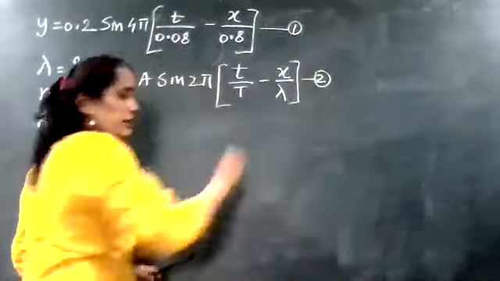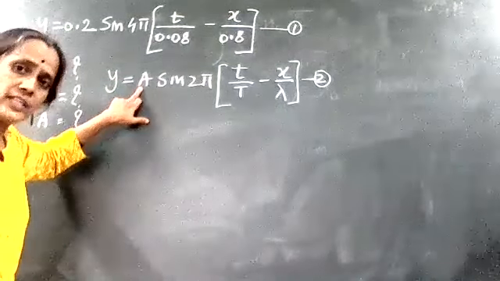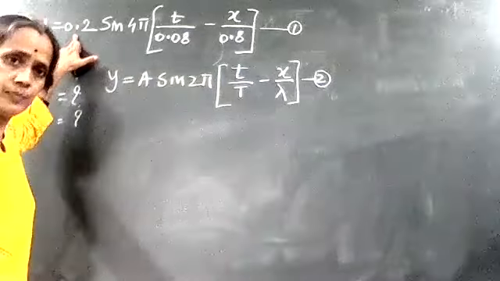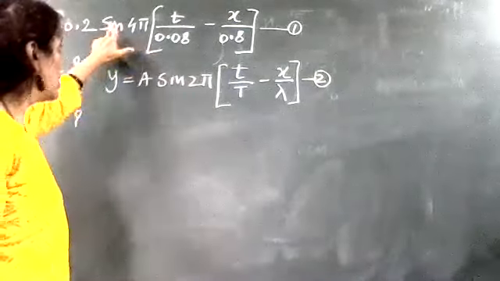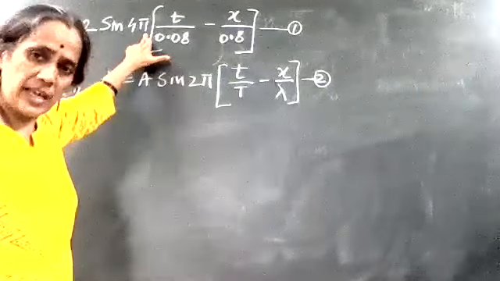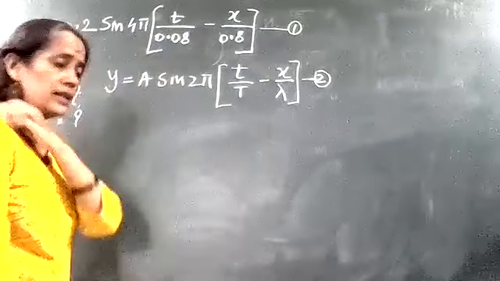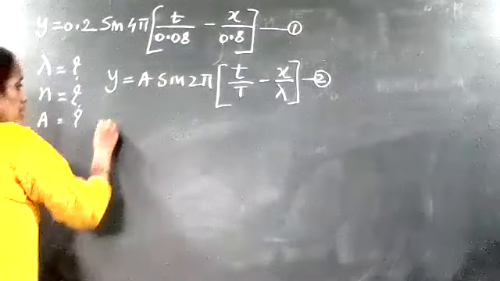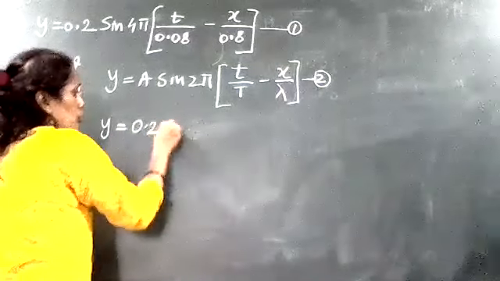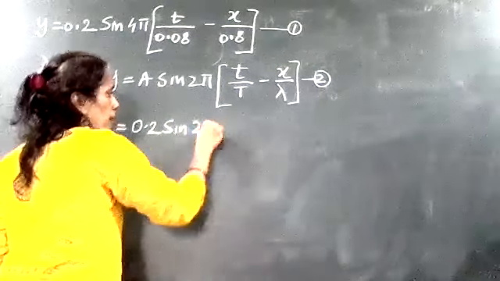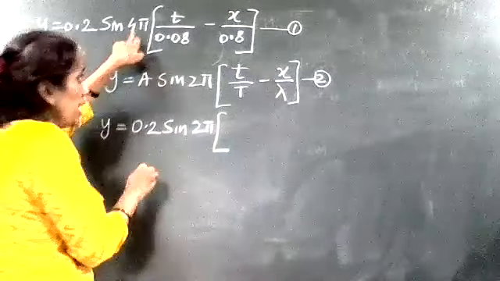Equation number 1 and equation number 2. If I compare, see here. In the standard form, y is equal to a, and here it is 0.2. Then here is sine of 2 pi, but in the given equation it is sine of 4 pi. This 4 pi I have to make 2 pi. Clear? So how can I make it? See here. In equation 1, y is equal to 0.2 sine of 2 pi and one more 2, and this multiple 2 I will take inside.